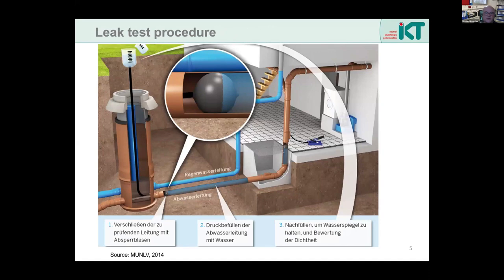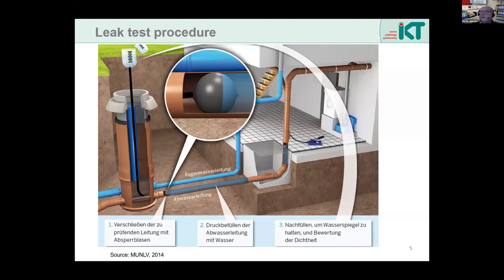So yes, what is the procedure for leak tests in a sewer? Normally you close the sewer with a shut-off bubble, then you fill it with water, and while testing you have a look at the water level in certain test vessels. It is also possible to test with air pressure and look at the pressure loss while testing.